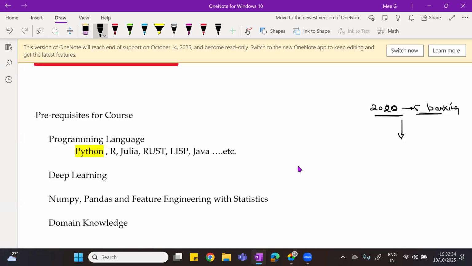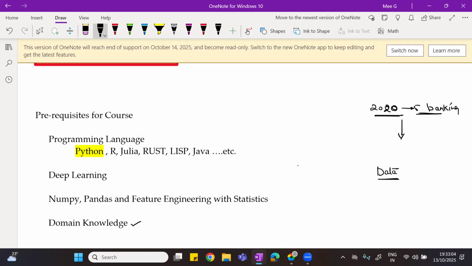Manufacturing or insurance are all different domains. Domain knowledge is required for us because we are going to deal with data. Data will definitely belong to some industry, so if you have knowledge of that, it will be an added advantage.